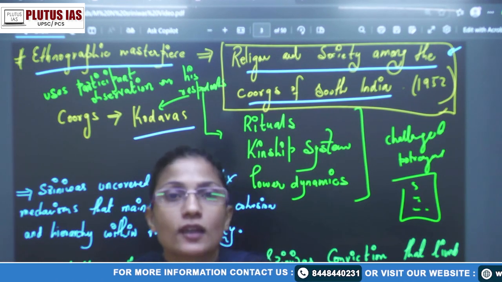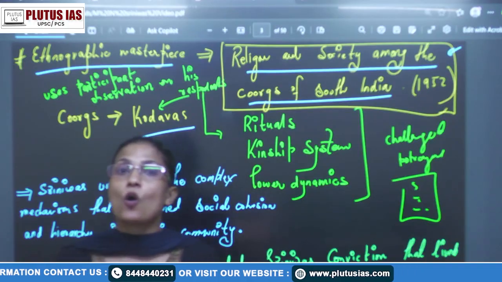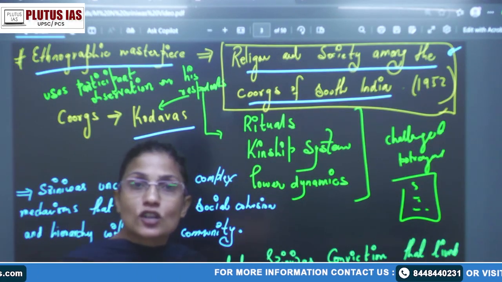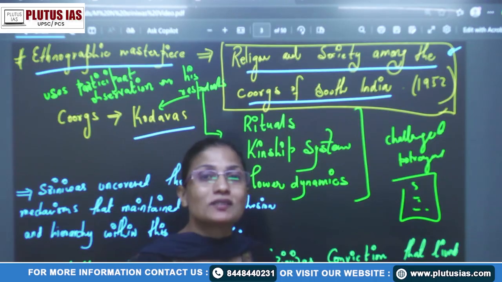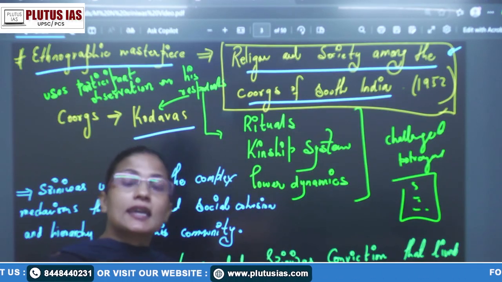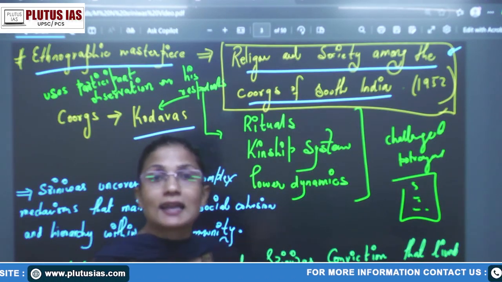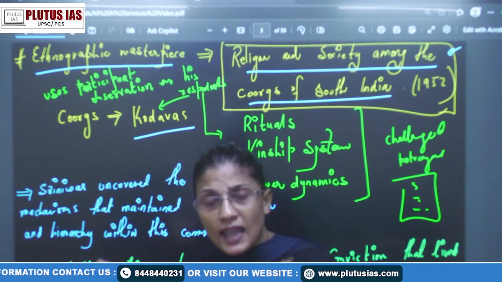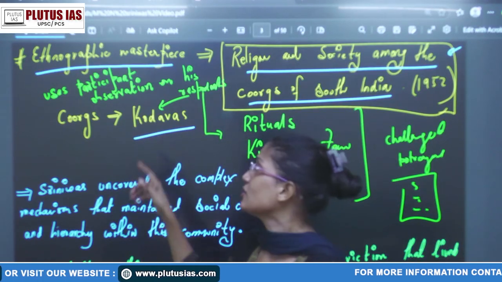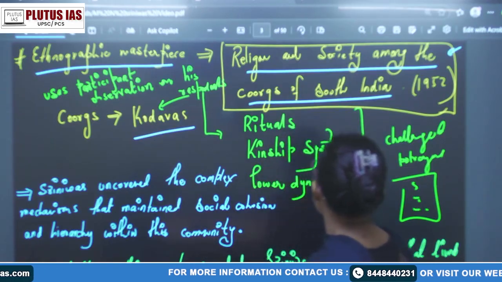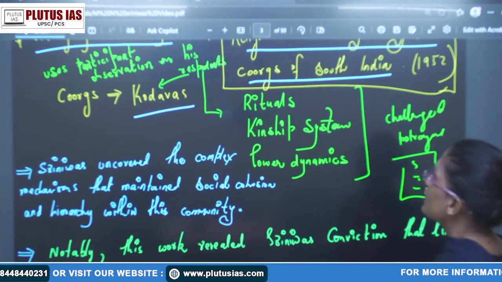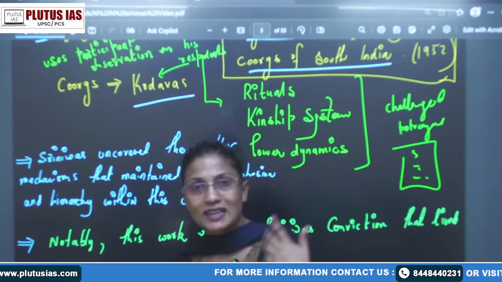Anti-positivism. So you would see how and why M.N. Srinivas is considered a structural functionalist, because he is analyzing the structure in Indian society, and for that he is using ethnographic methodologies. And what are those ethnographic methodologies? Participant observation. This is one important part, where he was reflecting while collecting the data.